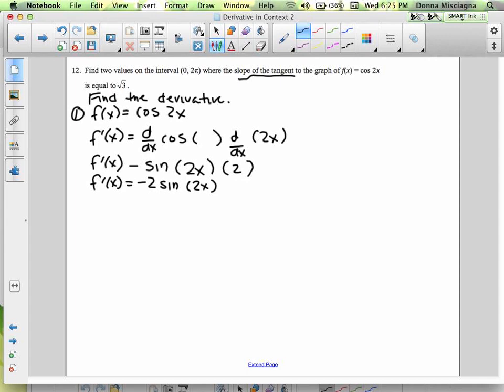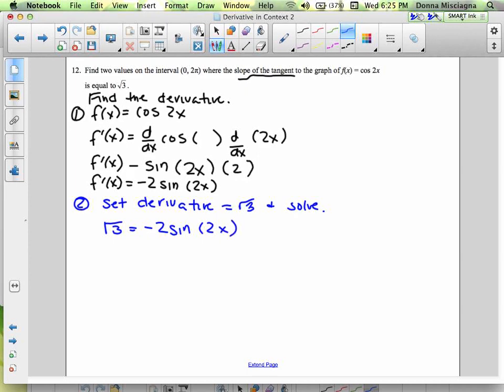Step 2, we want to know where the derivative is equal to the square root of 3. So we're just going to set the derivative equal to the square root of 3 and solve. So we have the square root of 3 equals negative 2 sine 2x.